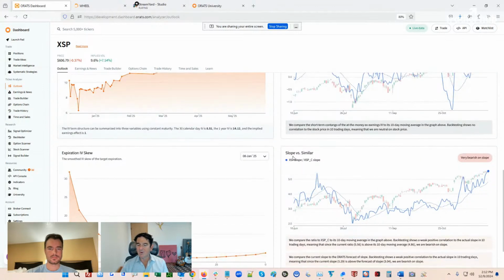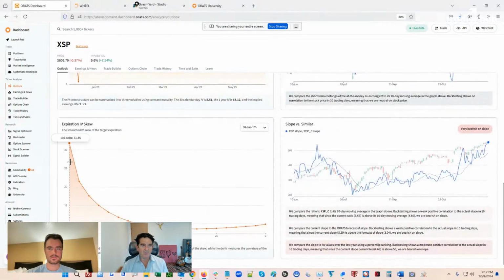Now, slope is just put-call slope. So what we see is like the 100 call delta, or some would say the low puts or the low strikes are on this side, and the high strikes are on this side. When it gets really slopey, or a steep slope like this, that means the puts are highly valued.